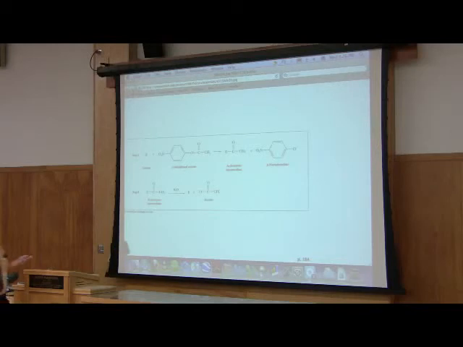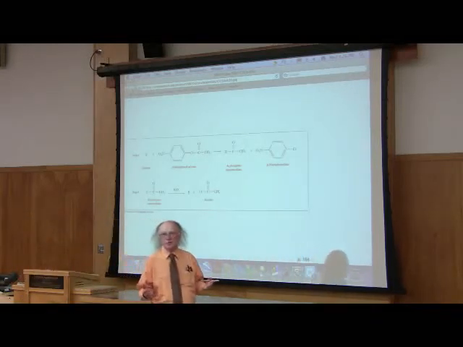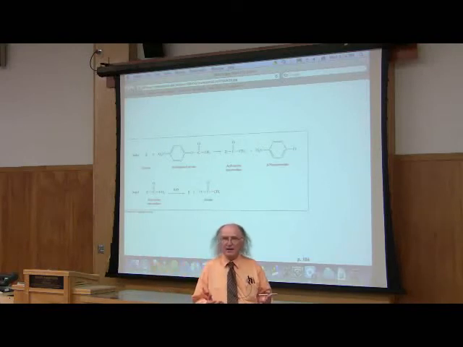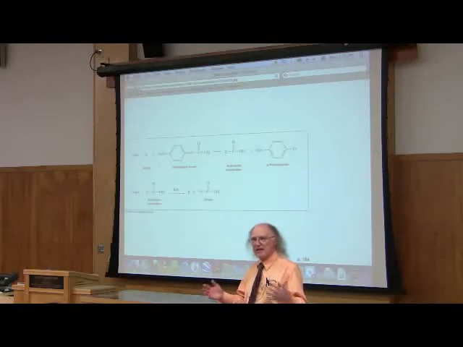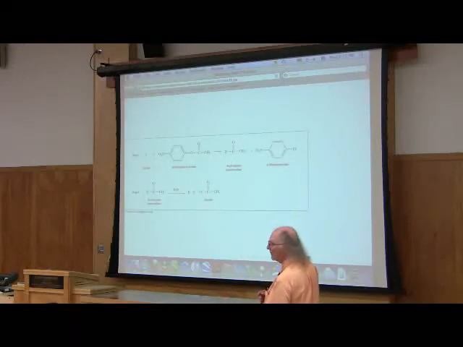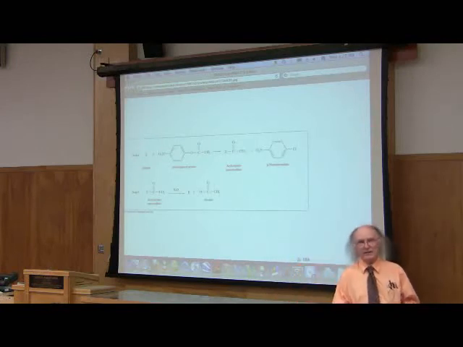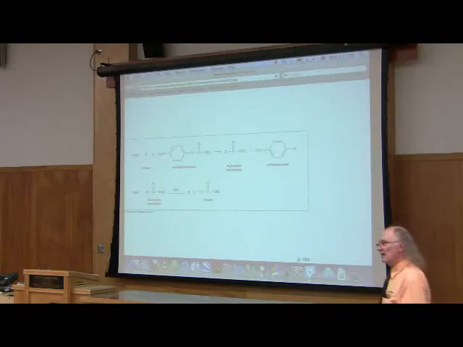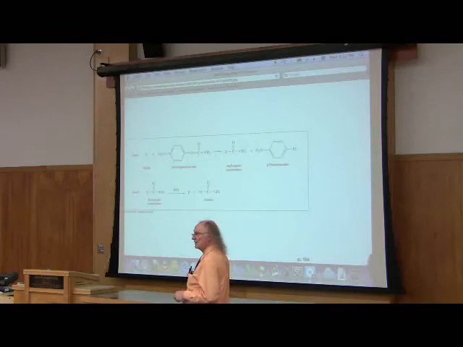Well, remember that a catalyst is something that catalyzes a reaction but doesn't get changed in the reaction. I've already told you that enzymes get transiently changed. That was the induced fit model. It transiently had its shape changed, and that helped it to catalyze a reaction. Here's a definite change. Here's an enzyme with nothing bound to it, and here's an enzyme with a covalent bond to a part of the substrate. This is not back in its original state.